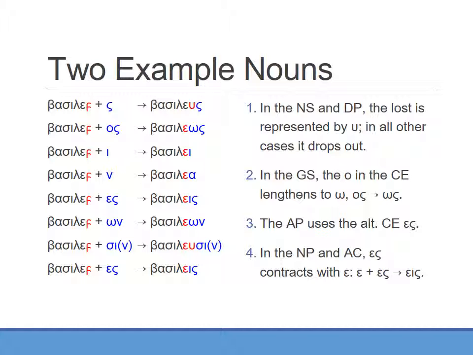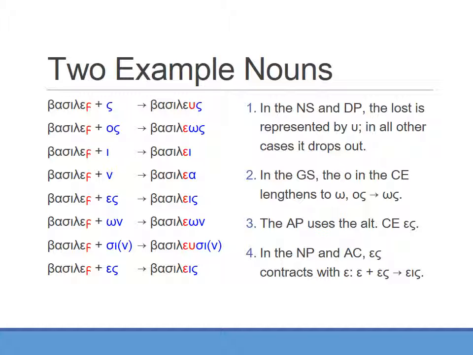In all of the other forms, the digamma has fallen away completely, and so the word behaves as if the final stem consonant or the final stem letter is epsilon, and the relevant case endings are then added. So the genitive singular case ending has gone from os to os. Omega has lengthened, but that's not too problematic.